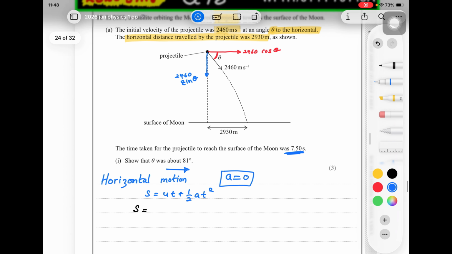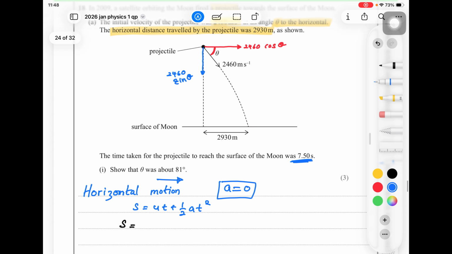For horizontal motion, we have 2460 cos theta times 7.5 equals the distance, which is 2930.